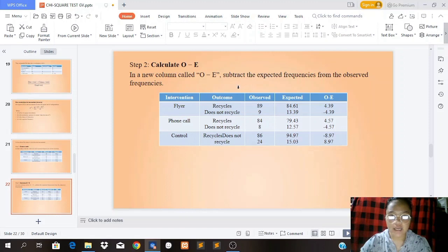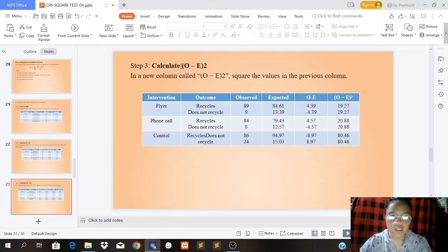So, we subtract the expected frequency from the observed frequency. 89 minus 84.61 equals 4.39. 9 minus 13.39 equals negative 4.39. 84 minus 79.43 equals 4.57. 8 minus 12.57 equals negative 4.57. 86 minus 94.97 equals negative 8.97. 24 minus 15.03 equals 8.97.